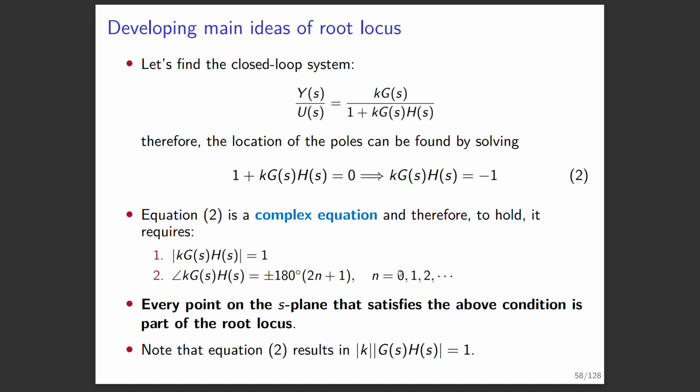N equals 0, I'm going to have plus or minus 180. N equals 1, I'm going to have 180 times 3. If I put 2 here, I'm going to have plus or minus 180 times 5. So what does that mean?